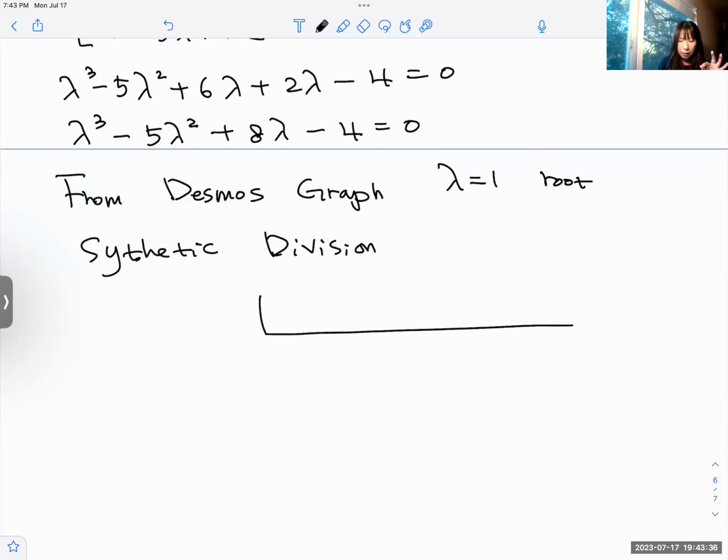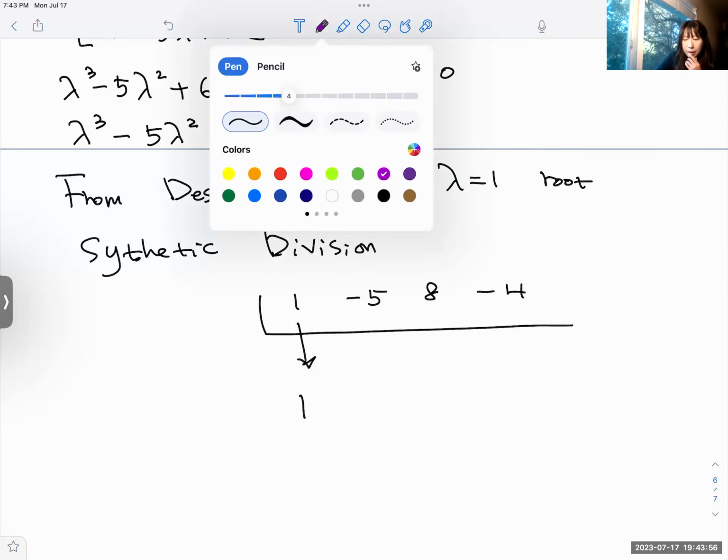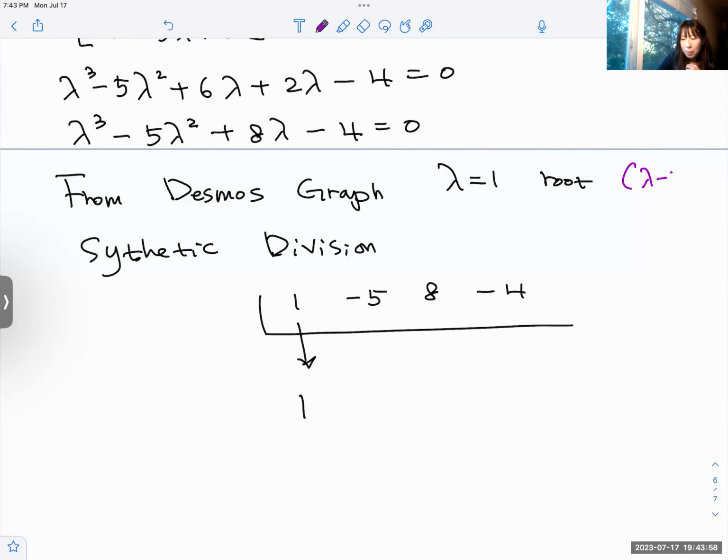So we have 1, and we check the powers in descending order, and then negative 5, positive 8, and negative 4. We always bring down the 1. And the root has the binomial form lambda minus 1, so we can use just 1 there. If we have lambda plus 1, we use negative 1 as the divisor, right?